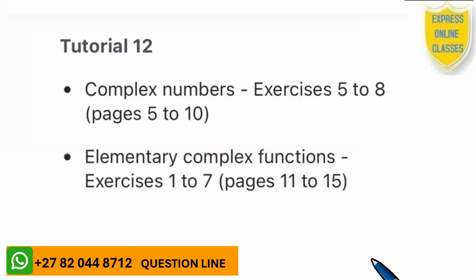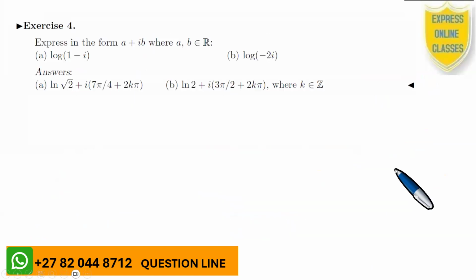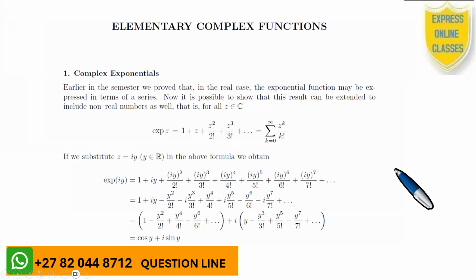Okay, this is start 12. Then we're going to recap on start 11. But now I want us to go to the complex functions. There are elementary complex functions that we need to discuss. Some of these you already know, and they're not different, like exponential z.